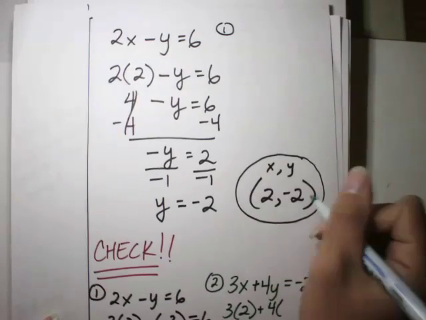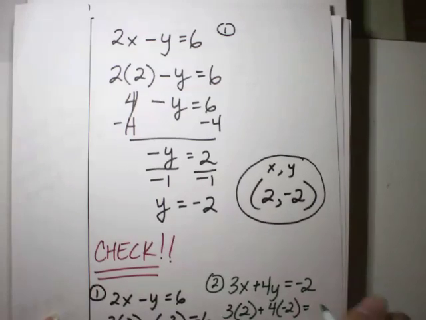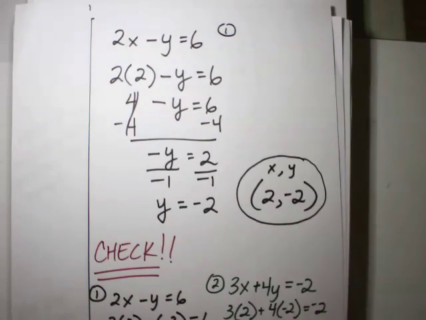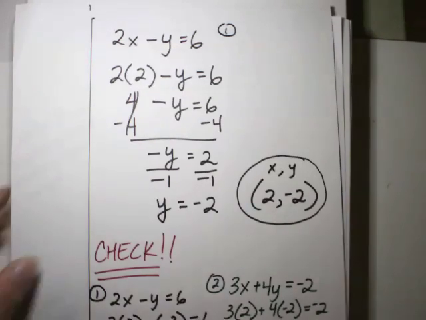Instead of y, we're going to substitute in a negative 2 and see if it does, in fact, equal negative 2. 6 plus 4 times negative 2 is a negative 8. And if we work that out, 6 plus negative 8 is a negative 2. It checks. It must check both equations for it to be an accurate solution. So once you have checked both solutions, you are good to go.